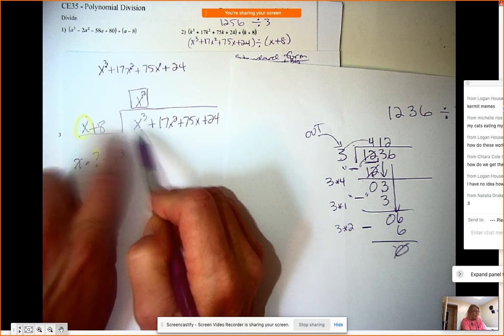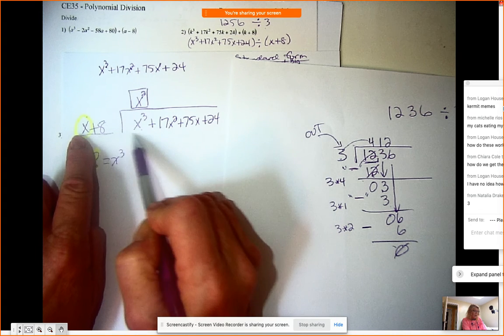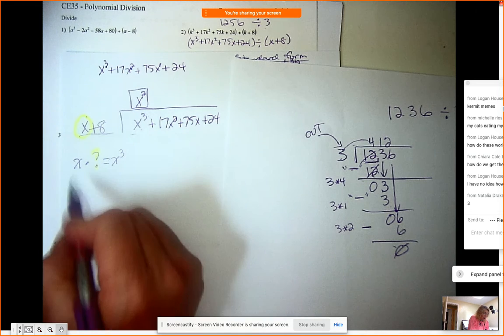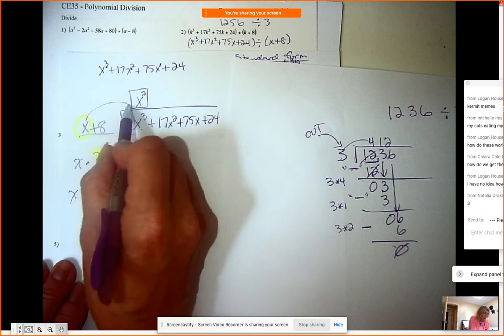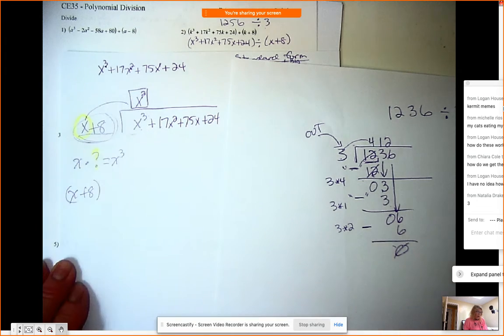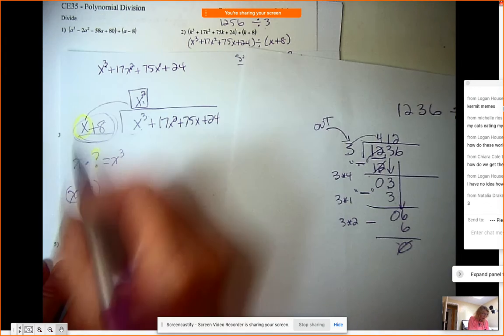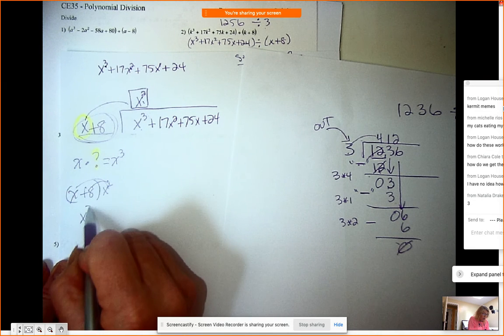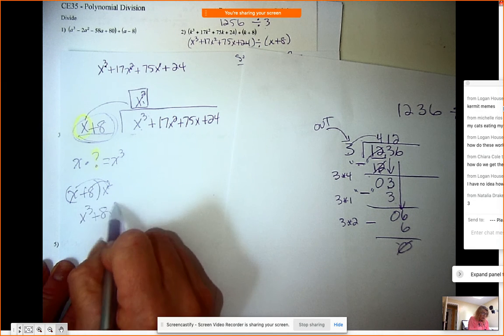I'm trying to figure out what do I multiply x by to get that first term. Now, here's what I have to write though. I'm actually taking x times x plus 8. I have to take the whole divisor, multiply it by this x squared. So when I do this, I get x cubed plus 8x squared.